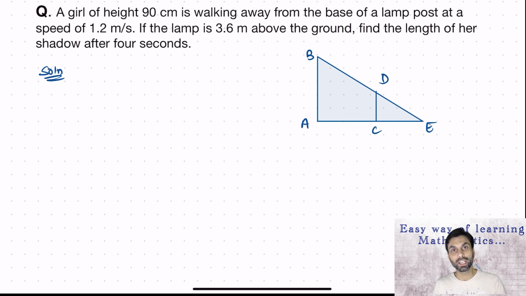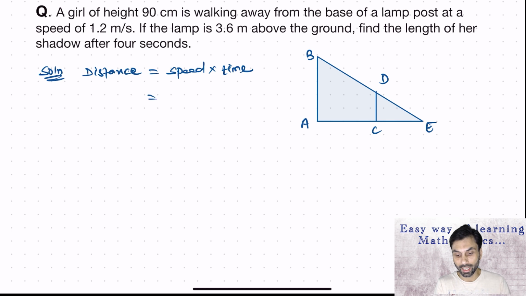Now here, we also have to find out that in 4 seconds, what will be the distance traveled by the girl. So we know distance equals speed into time. So here the speed is 1.2 meter per second and the time is 4 seconds. That means she will cover 4.8 meter in 4 seconds.